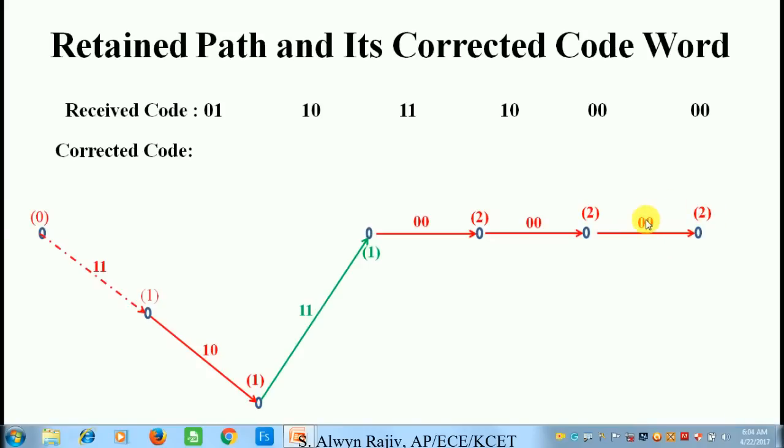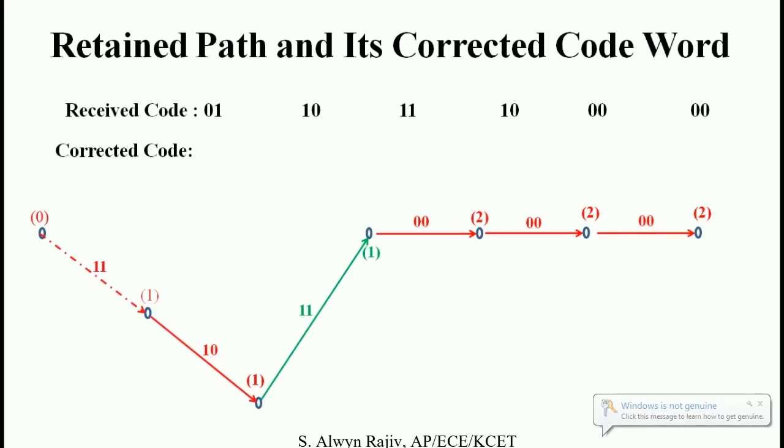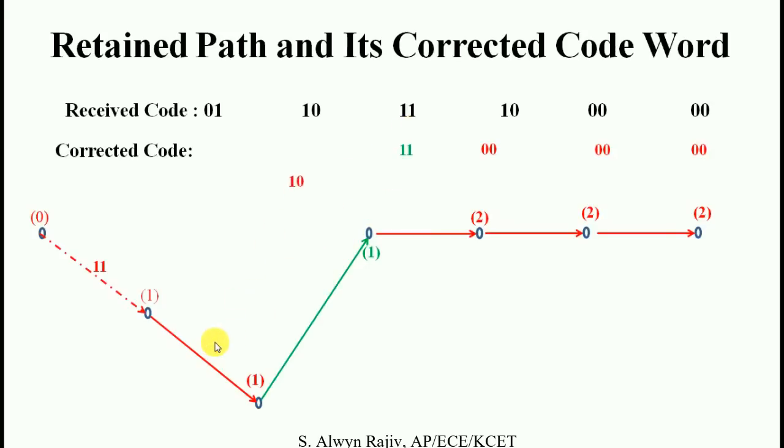This is the corrected code word. Next, this value is moved to here, and next this value is moved to here, and this value to here, and next this value to here. This is the corrected code word found at the receiver side by using the Viterbi algorithm.